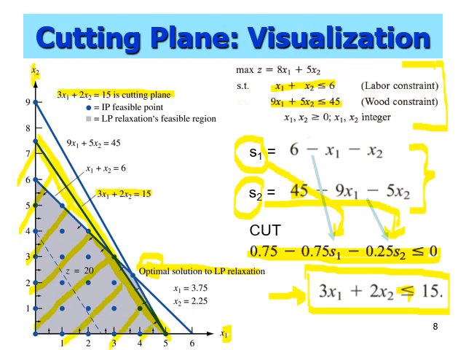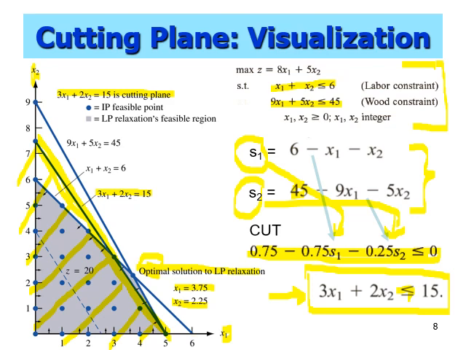What does that mean? It means that the optimal solution to the LP relaxation, which is not integer, will be cut out by this cutting plane.